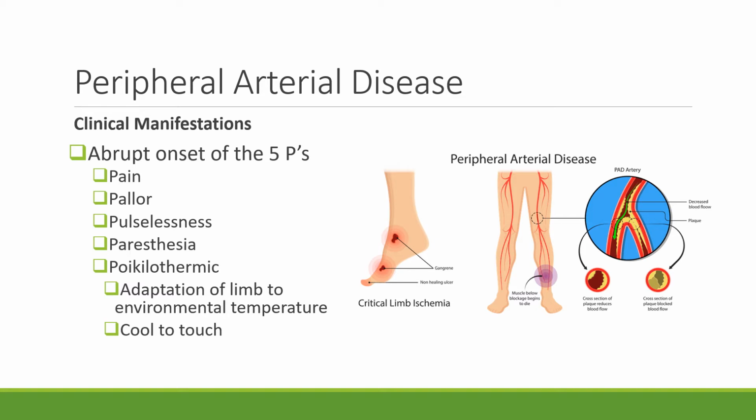The limb's appearance gives vital information about reduced blood flow. Manifestations of acute arterial ischemia include the 6 P's: pain, pallor, pulselessness, paresthesia, paralysis, and poikilothermia, which is an adaptation of the limb to the environmental temperature, and that's most oftentimes cool.